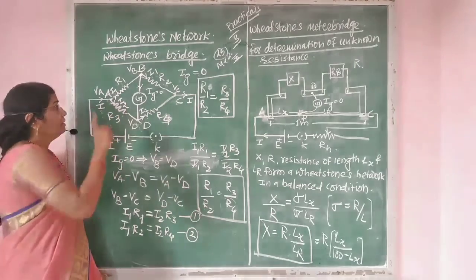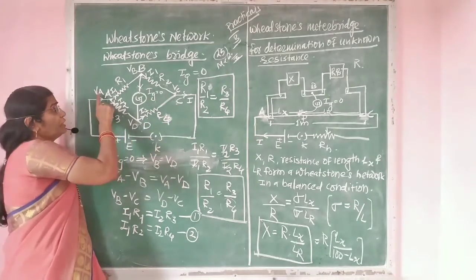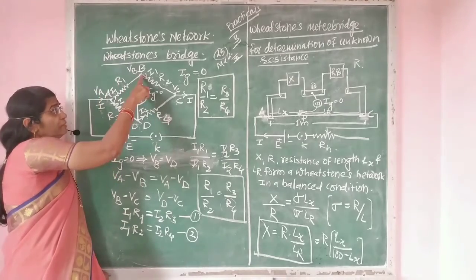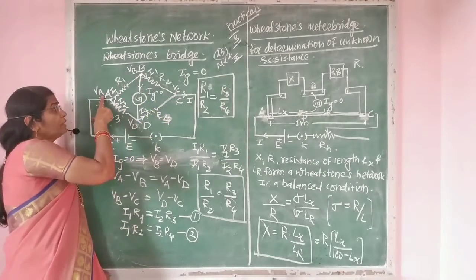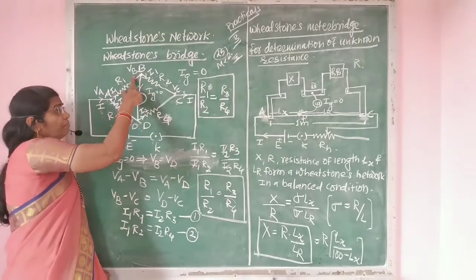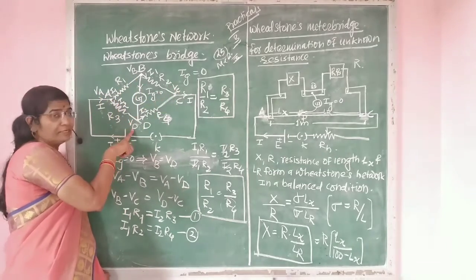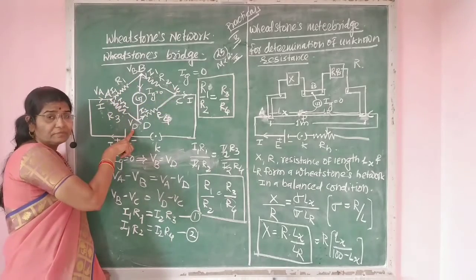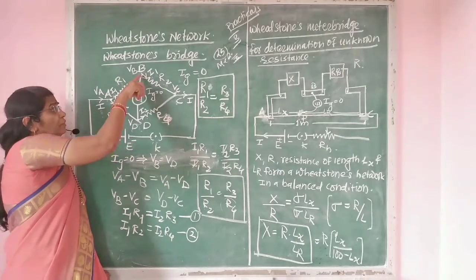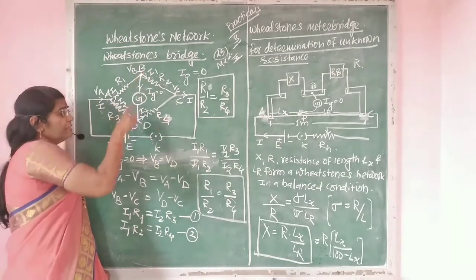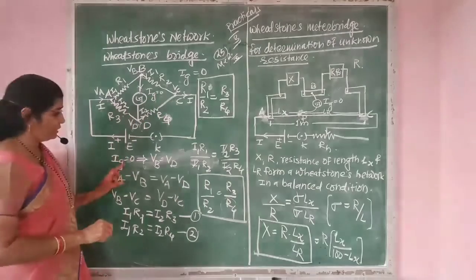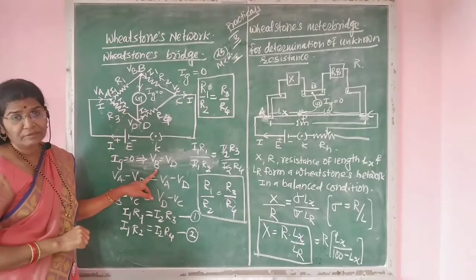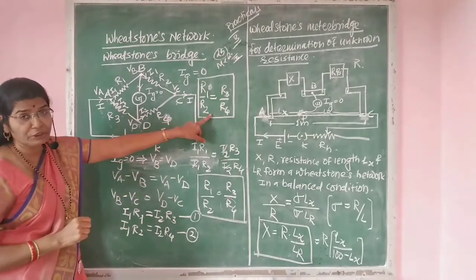To prove this condition, let VA, VB, VC and VD be the potentials at the points A, B, C and D. The potential at B is the same as the potential at D; at that time the current in the galvanometer is 0. This is important to prove this condition.